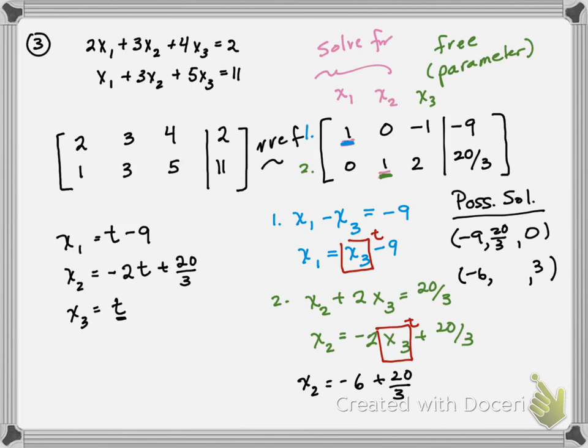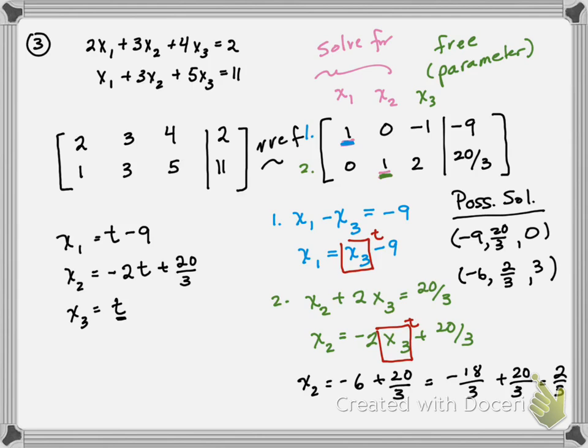If I make negative 6 into thirds, I get negative 18 over 3 plus 20/3, which will be 2/3. So negative 6, 2/3, and 3 is yet another possible solution.